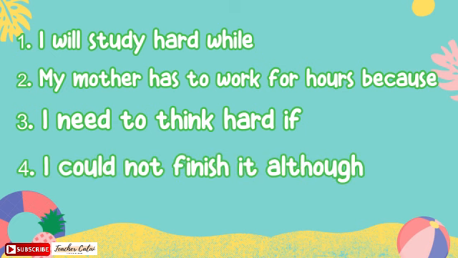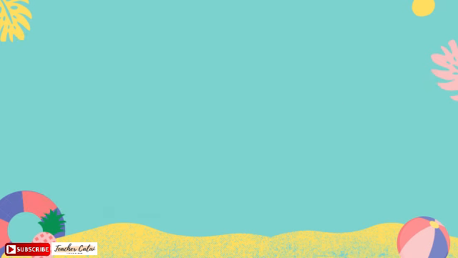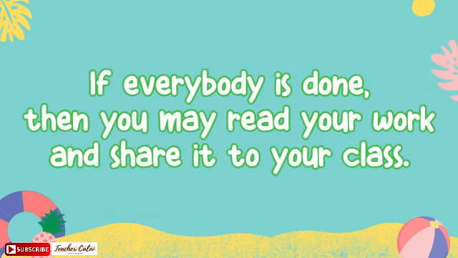Number 4. I could not finish it although. And number 5. I will go home when. Once again, you may pause this video to think and complete the sentences. If everybody is done, then you may read your work and share it to your class.